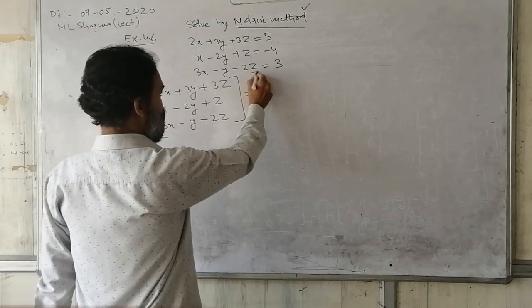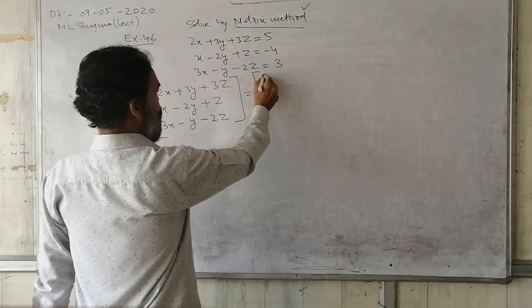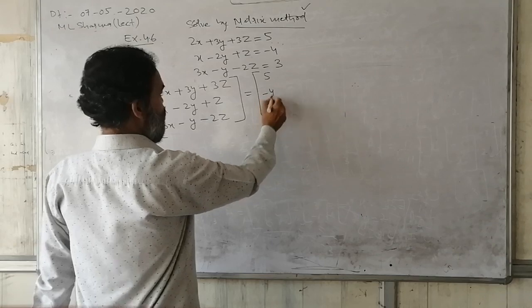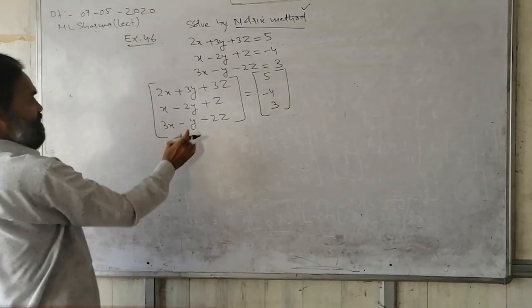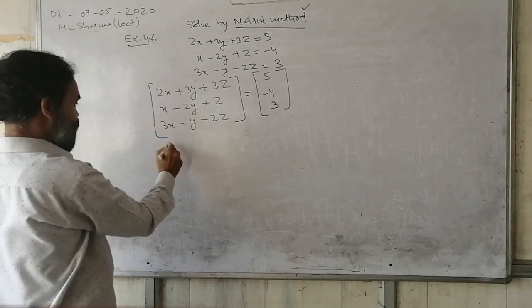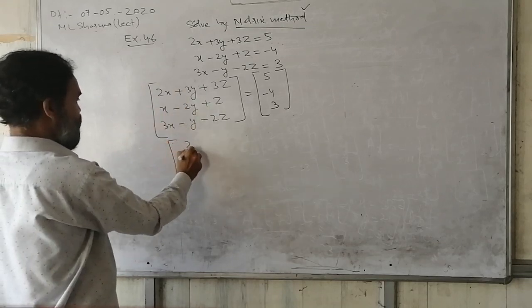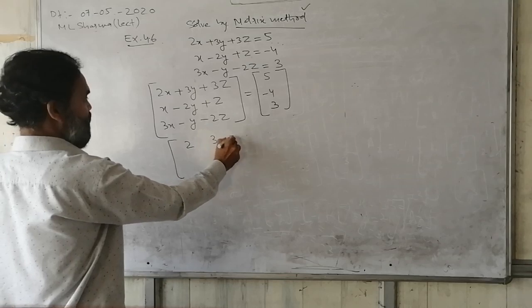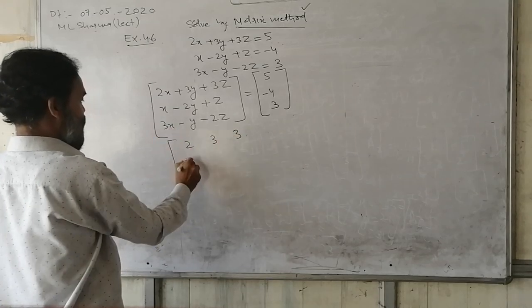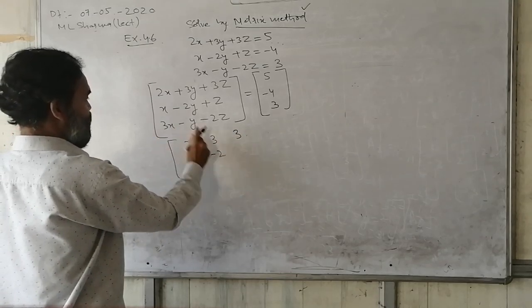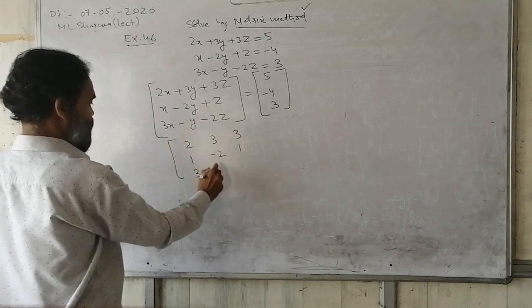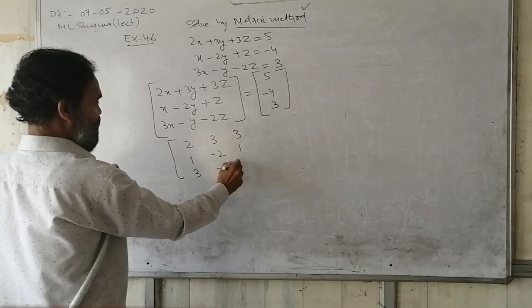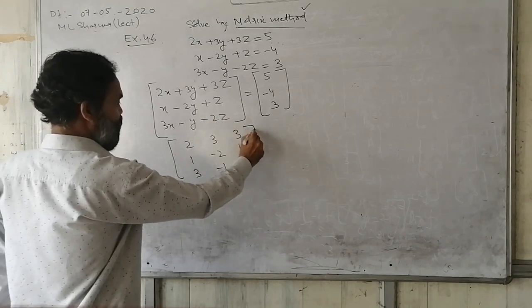This is equal to 5, minus 4 and 3. So I can write this by writing the coefficients separately: 2, 3, 3, 1, minus 2, 1, 3, minus 1 and minus 2.